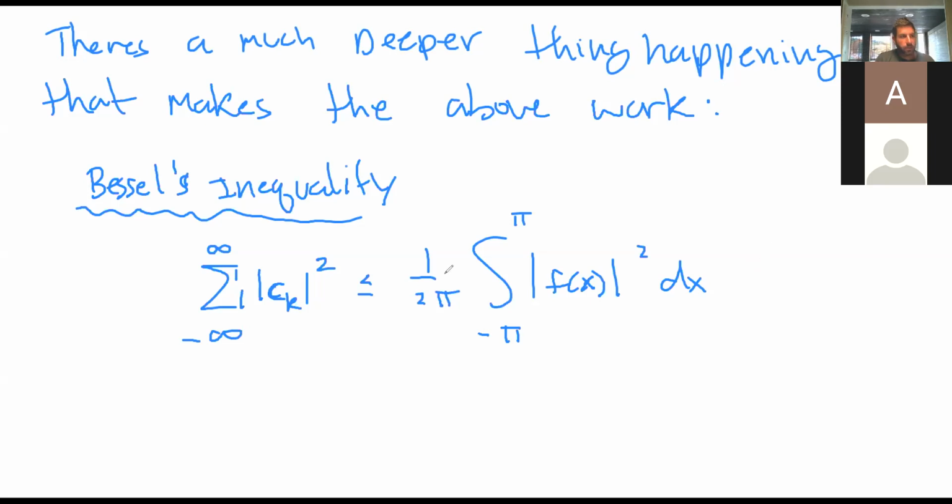This is a little easier to show, but it can also be extended. It's not just an inequality. It turns out it can be an equality, and it's called Parseval's identity.